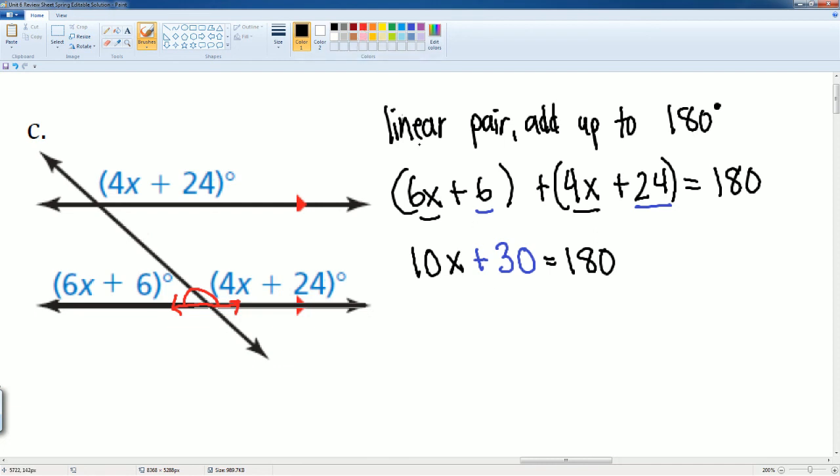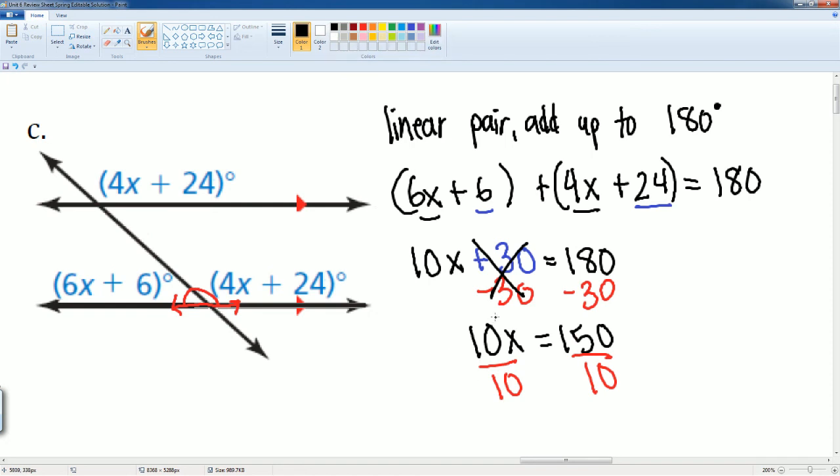Now, I'm going to subtract 30 from both sides so I can start solving for my x. What do I have left over on my left-hand side? I have just a 10x because this cancels out. Equal to 180 minus 30, which gets you 150. There is a 10 in front, so we just divide by 10.